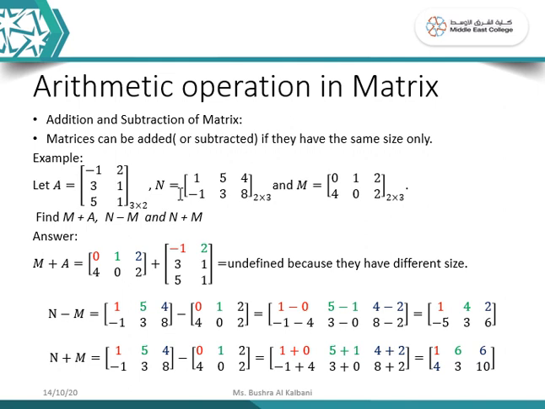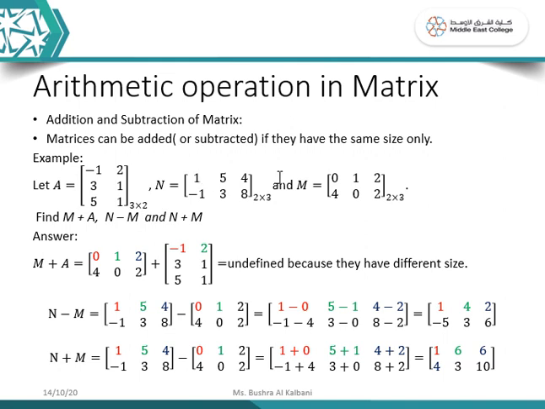But N and M, N has 2 times 3, and M also has 2 times 3, that means it has the same size. If they have the same size, you can add and subtract them. First, you will take the first element in N and also the first element in M, first row, first column, and first row, first column.